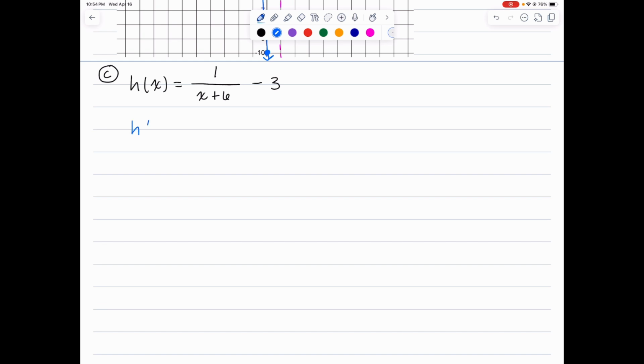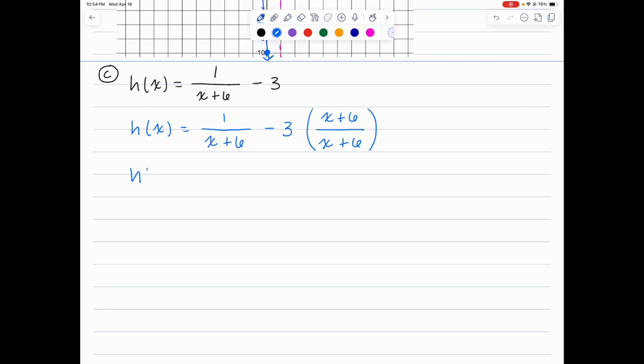So this is going to be h of x equals 1 over x plus 6 minus 3 times x plus 6 over x plus 6. We want them to end up being the same. Okay. So I'm going to distribute my negative 3 through my numerator.